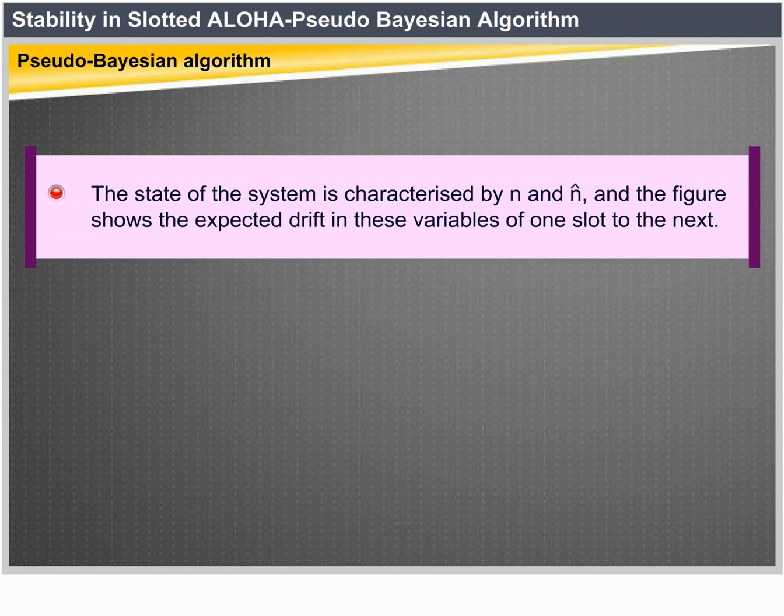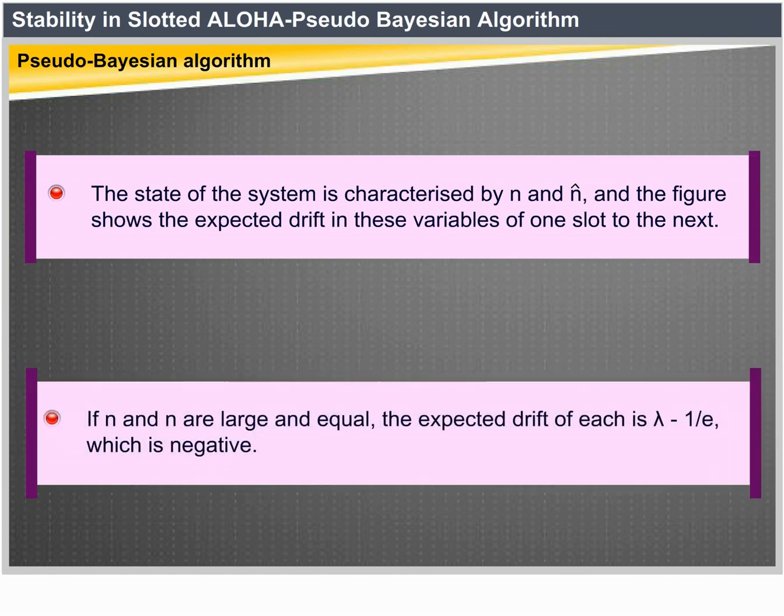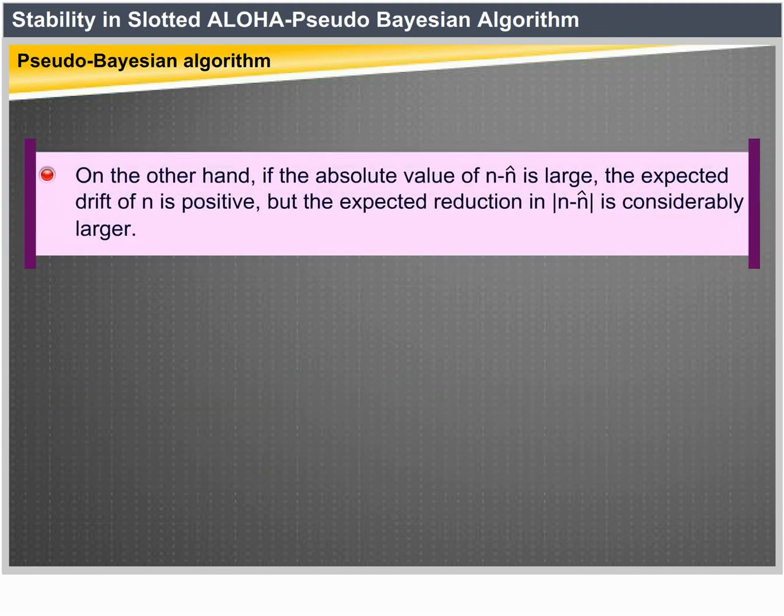If n and n̂ are large and equal, the expected drift of each is λ - 1/e, which is negative. On the other hand, if the absolute value of n - n̂ is large, the expected drift of n is positive, but the expected reduction in |n - n̂| is considerably larger.